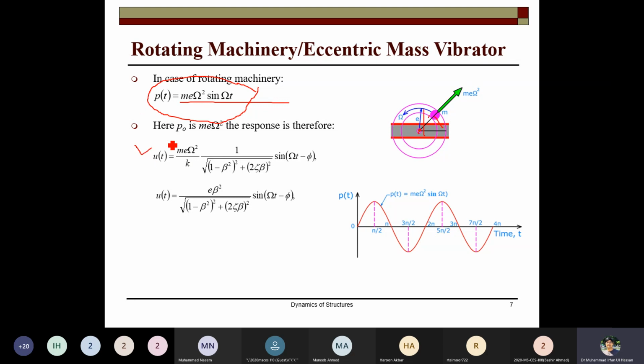So you can compute the force like that. And then in that case, the response of the system will be changed. Why it is changing? Because the force value is changing. When something is rotating on some beam, it is like some rotating machinery, it can be mill, it can be any kind of rotating material.